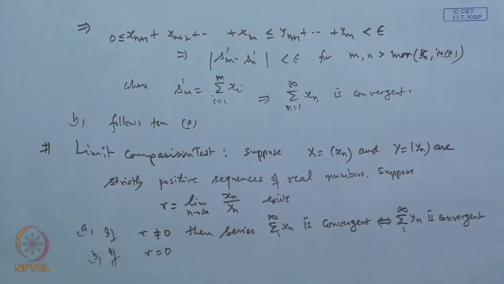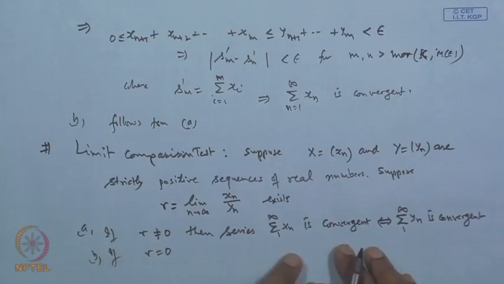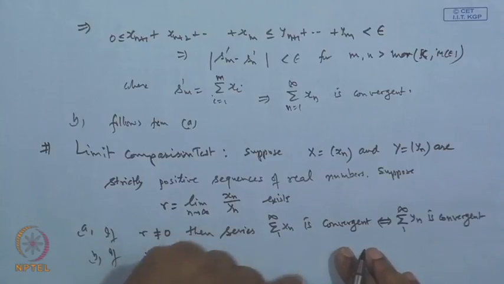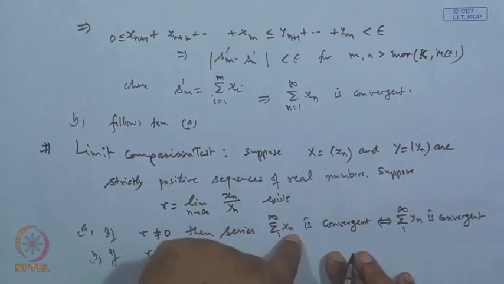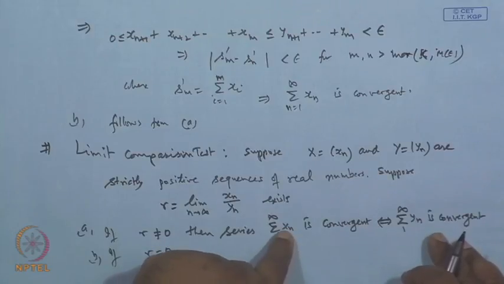Of course, the divergence part here is not mentioned. Divergence we cannot say; if one is diverging, the other will not necessarily also be divergent. But obviously, if we have the earlier relation, that also gives a result for divergence of the series. But here we can only make the claim about the convergent part, that is, so far as convergence is concerned, both these series will have the same nature, same meaning convergent.